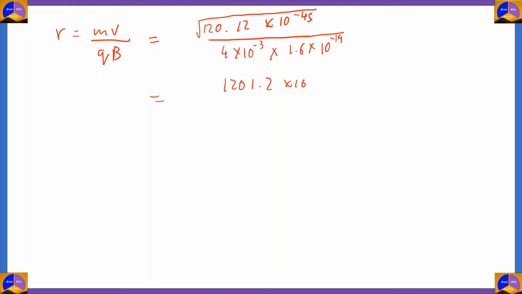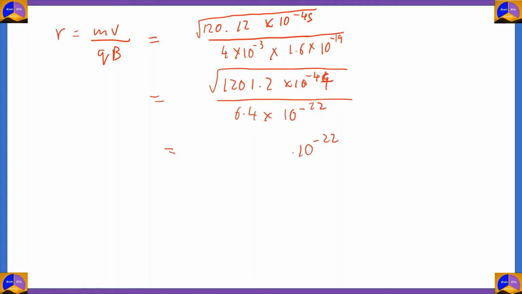Under root, this is divided by 4 × 1.6. That's 4 times 16 is 64, so 6.4 × 10^-22. The whole root of 10^-44 will be 10^-22.